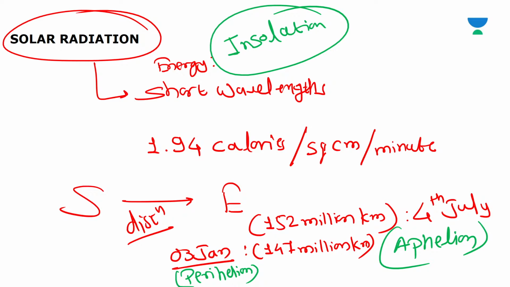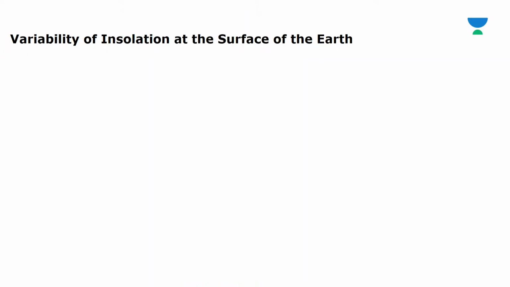Now, friends, the variation in the solar output does not have great effect on daily weather changes on the surface of the earth. Now let's discuss the variability of insolation at the surface of the earth.